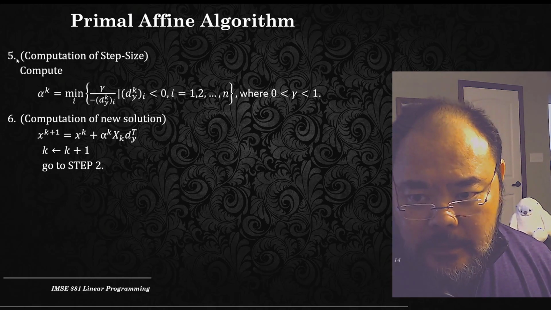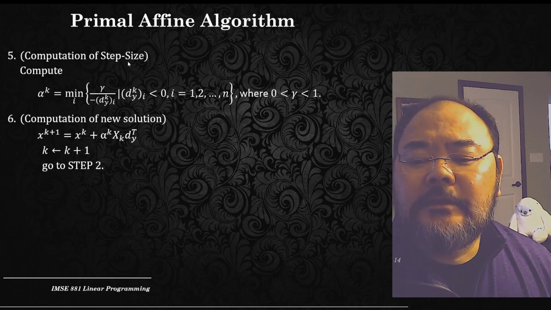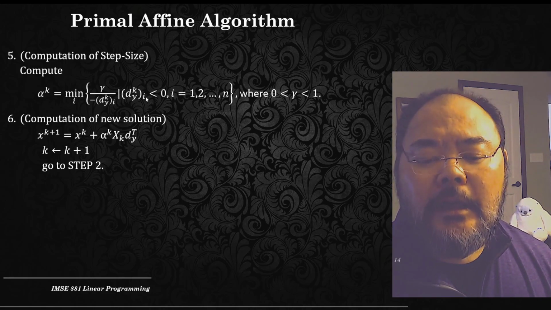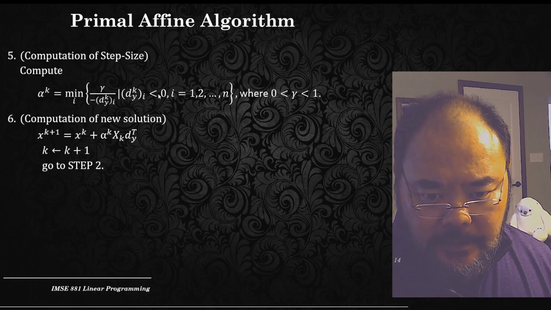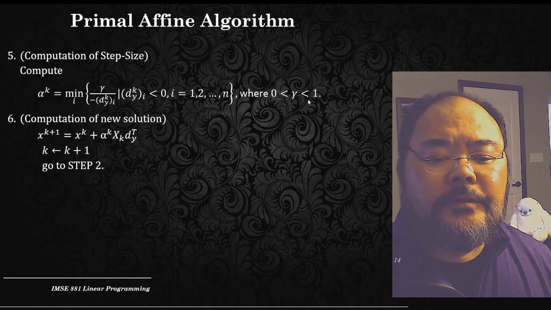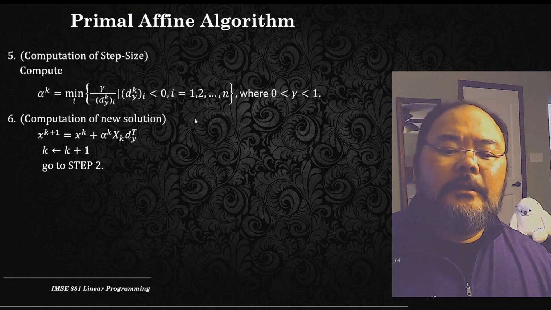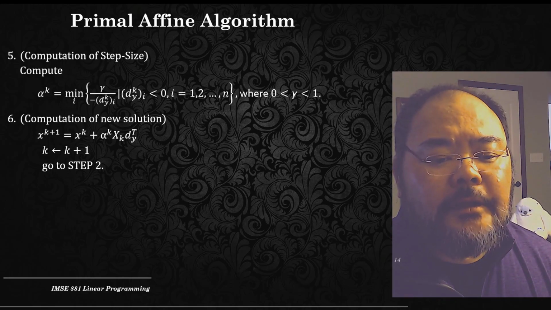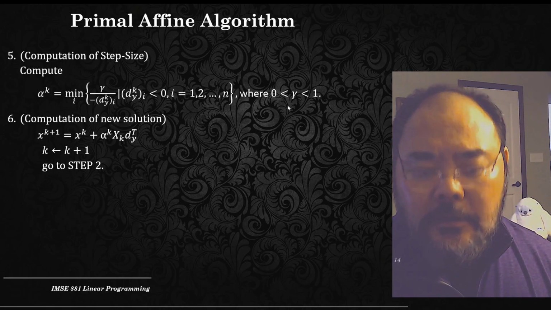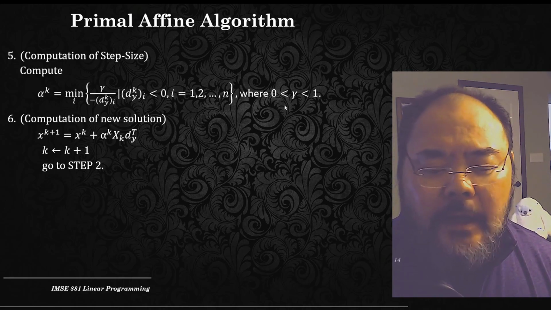Step 5 calculates the step size using the minimum ratio test. For all the dyk i elements less than 0, we calculate gamma divided by negative dyk i and see which one is minimal. So this is typically the minimum ratio test, and our gamma is usually a number close to 1, like 0.9, 0.95, 0.92.